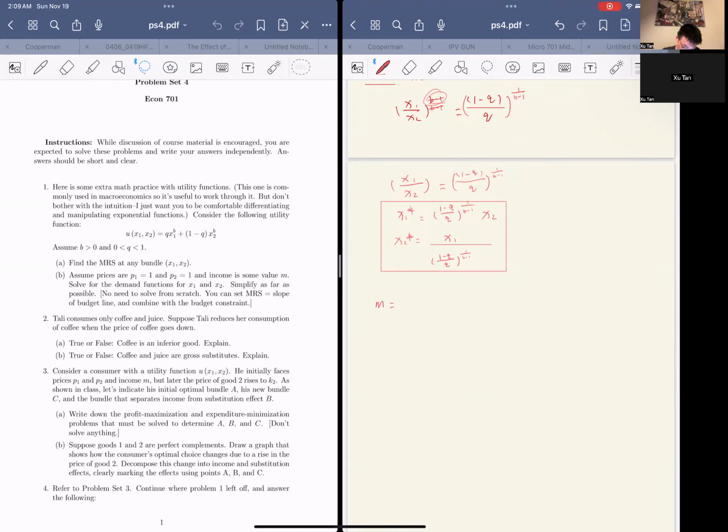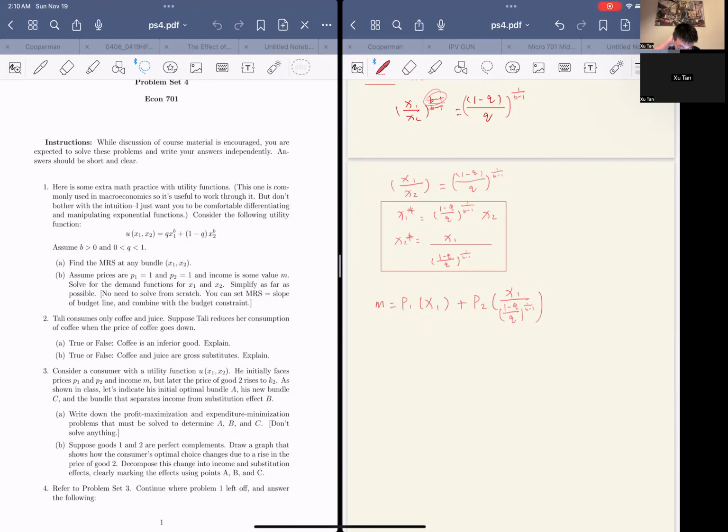Budget equals P1 x1 plus P2 x2. Let's first find demand for x1. We just need to plug in x2. This is long.